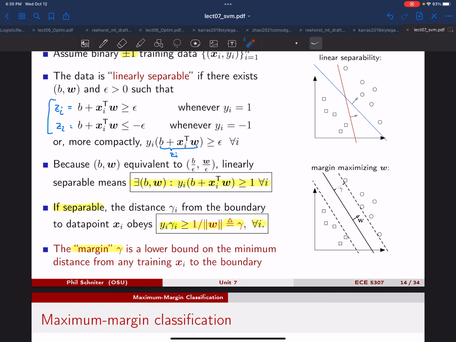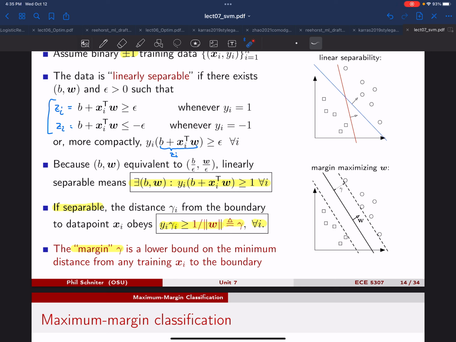If I have a small margin classifier, where the margin is the distance here and here, that classifier doesn't have much room for error. So when I have a difference in my test and training data, I'm more likely to get errors on the test data, even though I'm not getting errors on the training data. So that's the whole idea: let's try to be robust. And we're going to measure robustness by the distance to the closest training sample.